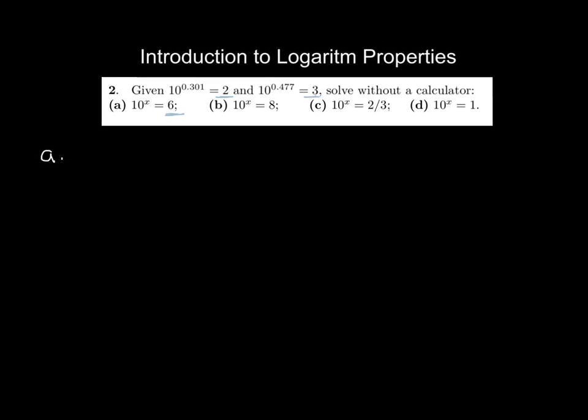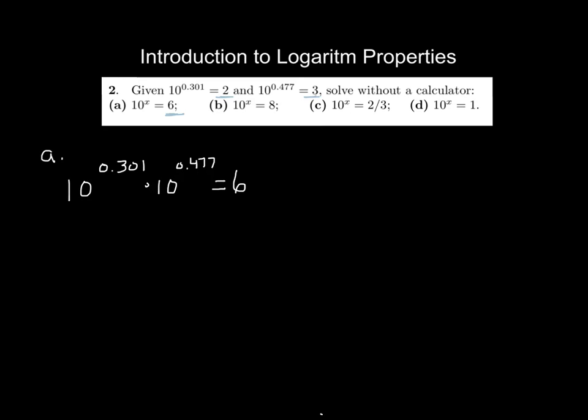So that means if we multiply 10 to the 0.301 times 10 to the 0.477, that should equal 6. So I'll go ahead and do that. 10 to the 0.301 times 10 to the 0.477. That equals 6.